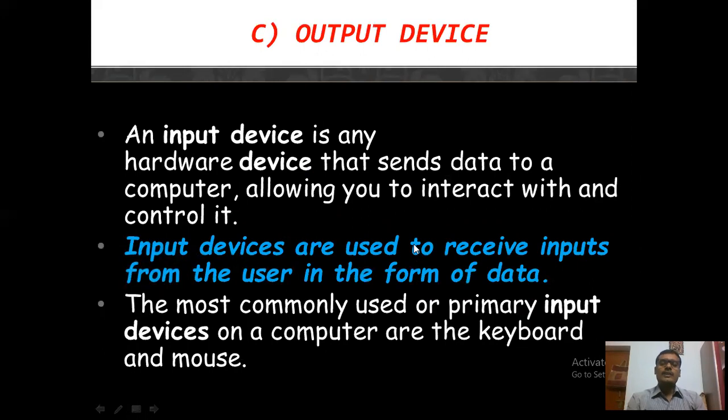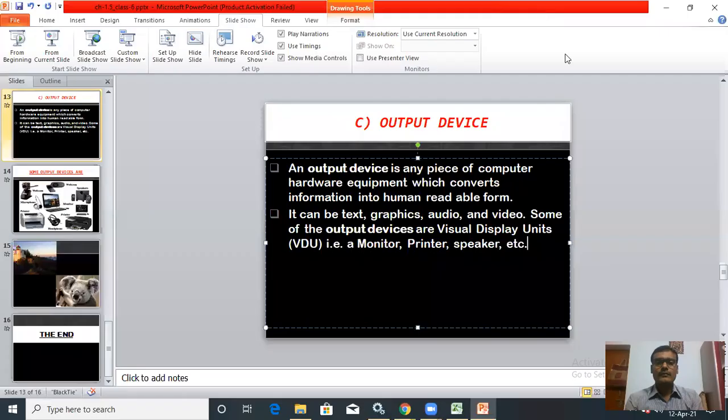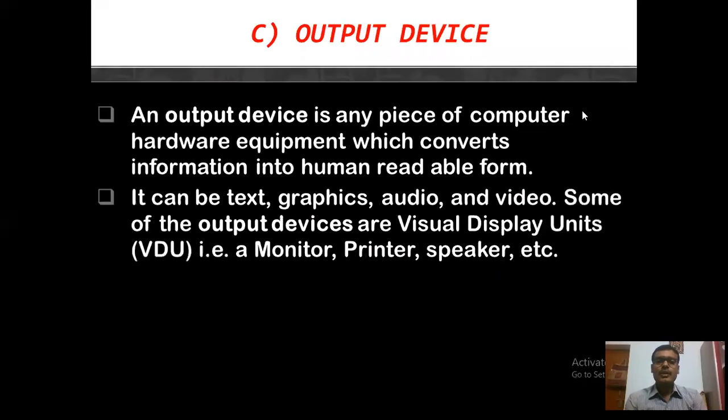Now coming to output devices. An output device is any piece of computer hardware equipment which converts information into human-readable form.